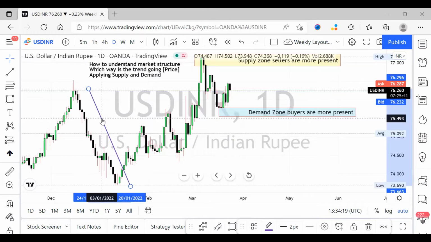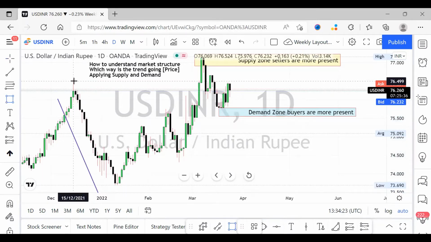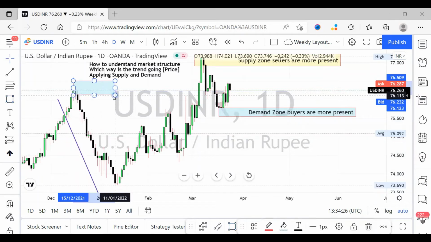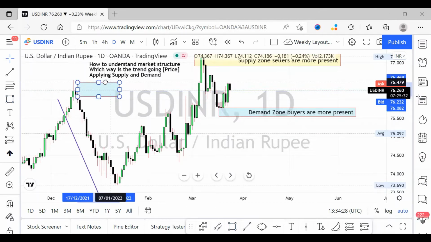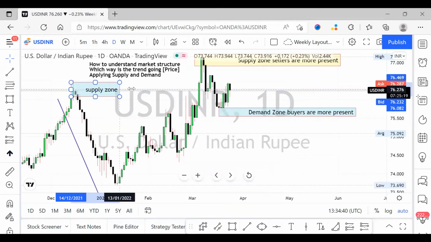When it happens to be bearish, we start to draw our supply and demand zones. What that really means is that in this particular area we had more sellers than buyers, which is evident by the price going further down.